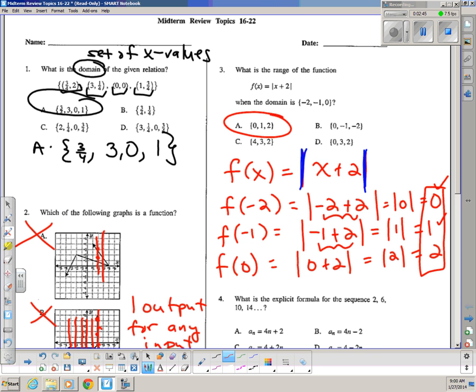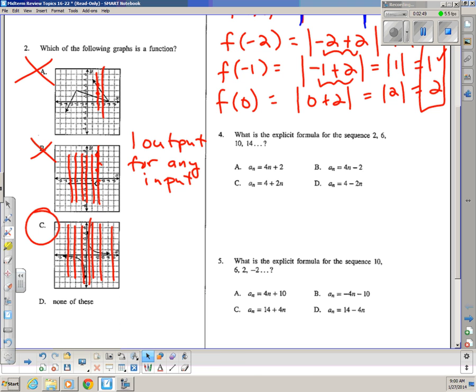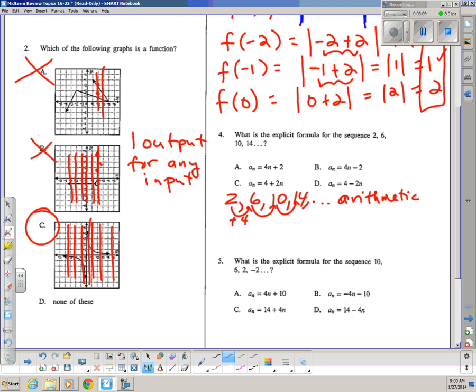Choice A. Number 4. What is the explicit formula for the sequence 2, 6, 10, 14, etc.? If we look, each time we go from term to term, we are adding 4. So this is an arithmetic sequence, and that's a vocabulary word you need to know. So now we're adding 4 each time.